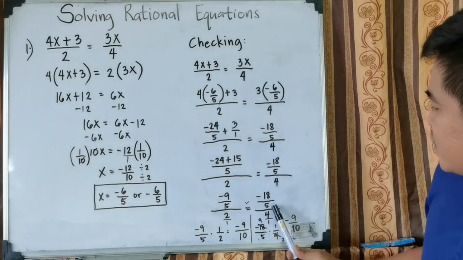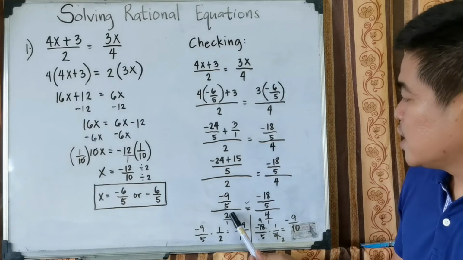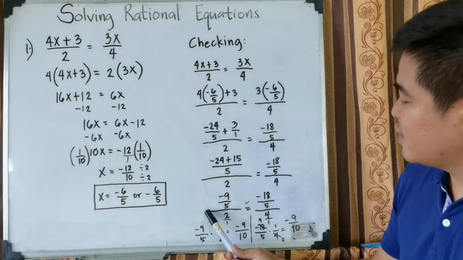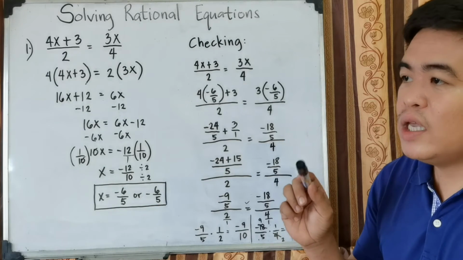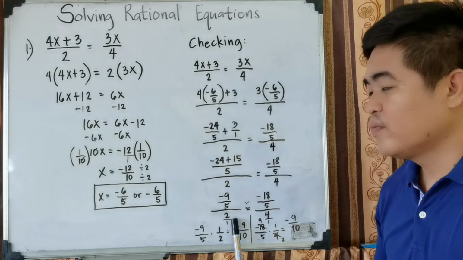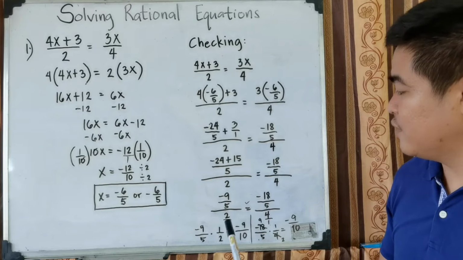Here, just copy it. Since our denominator is 2, the operation is division. So you can say negative 9 over 5 divided by 2. We know that when we divide fractions, we get the reciprocal of our divisor, which is 2, and then multiply it to the dividend.